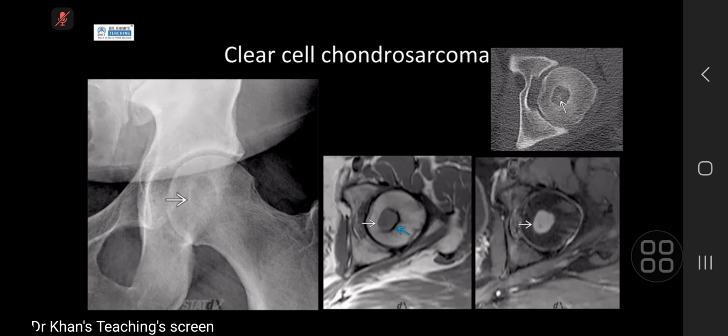The non-contrast CT in the top corner has an arrow pointing to the punctate calcification, which is the internal matrix of the lesion. It's really well defined. You can see that surrounding sclerosis. And then the MRI images at the bottom, once again showing that this is a really well-defined lesion with a thin sclerotic rim. This was proven to be a clear cell chondrosarcoma.